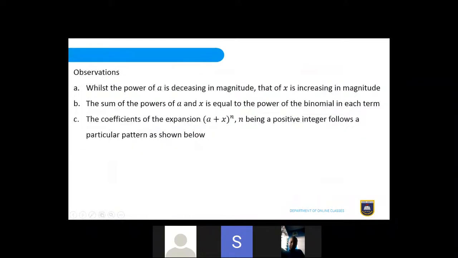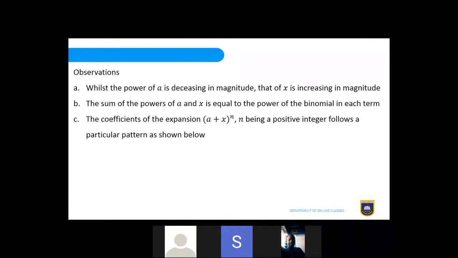Our second observation: the sum of the powers of A and X is equal to the power of the binomial in each term.